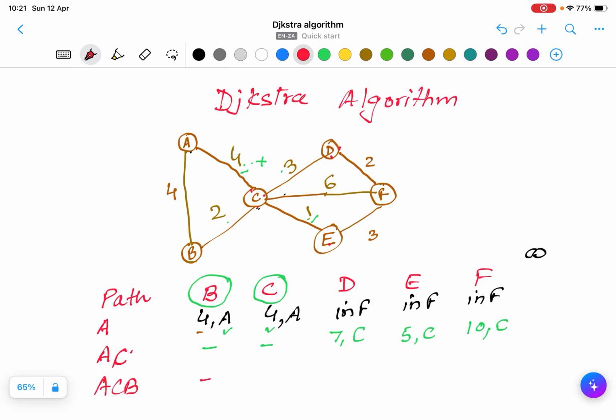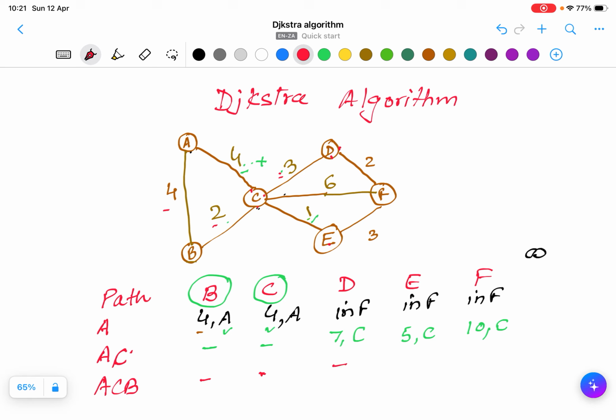Now if we are going through C to B, the cost will be 6, so it will remain the same. Going to D using B, it will be 4 plus 2 plus 3, so the cost will be 9, and it will remain the same.